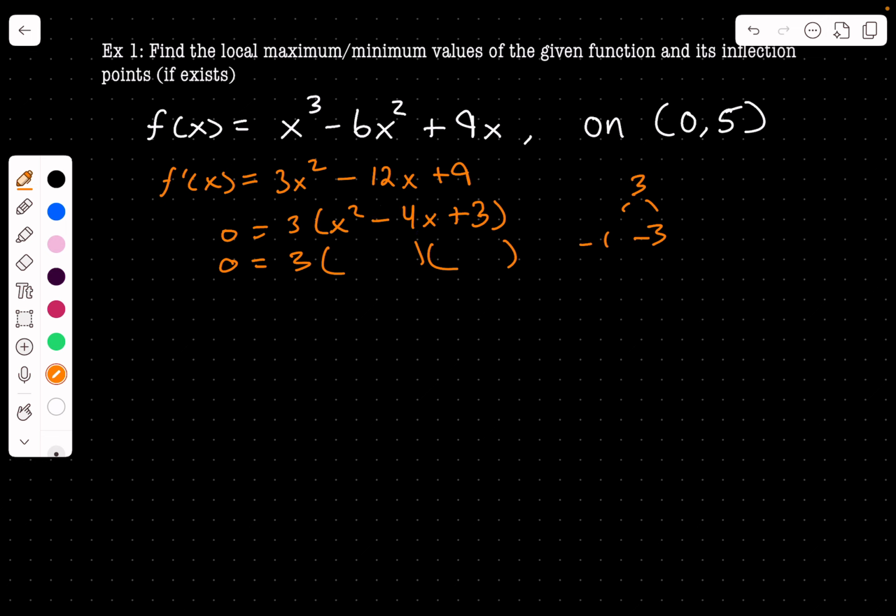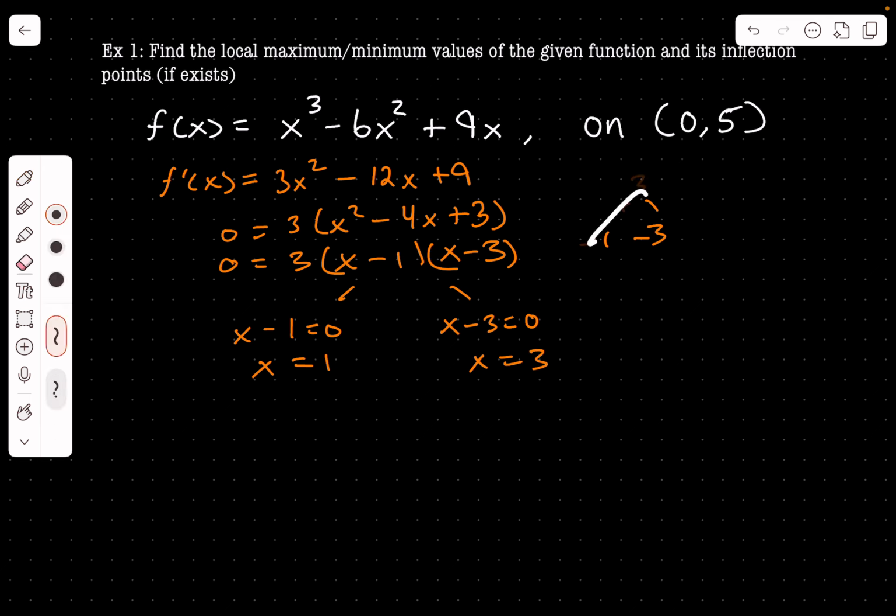A -1 and a -3, when multiplied, is going to give us a +3, and when added is going to give us a -4, so therefore we're going to want the -1 and the -3 in here. Now we set each of these equal to 0, and this is going to give us our critical points. Therefore, our critical points are x equals 1 and 3.